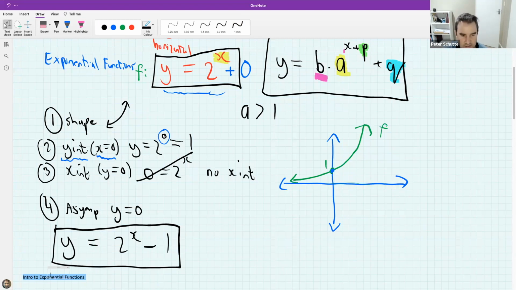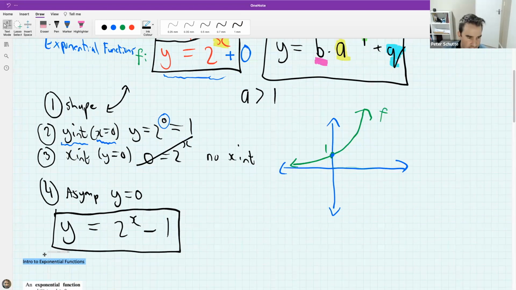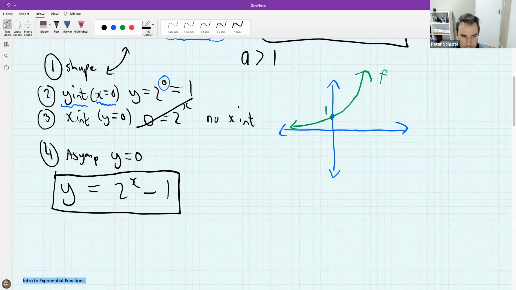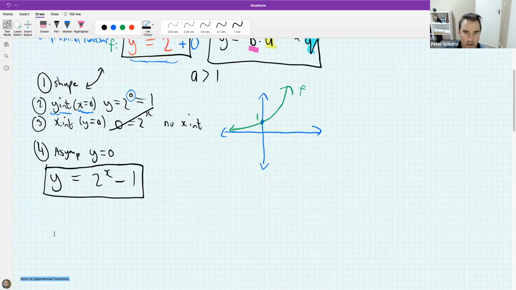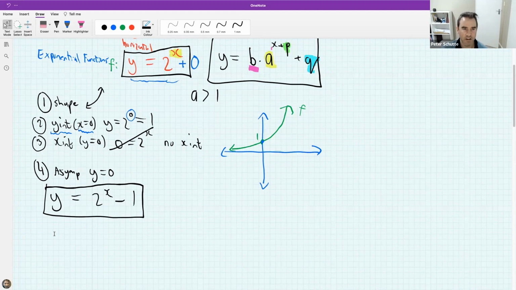What I want to suggest is that you follow the steps that I suggested in step 1. Go through the 4 steps and see if you can then draw this new function that I've just written down for you. Once you've attempted this one, I'll take a whole bunch of questions.